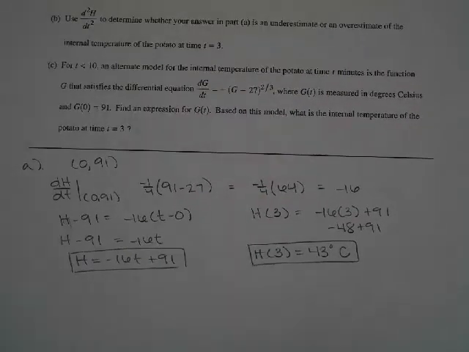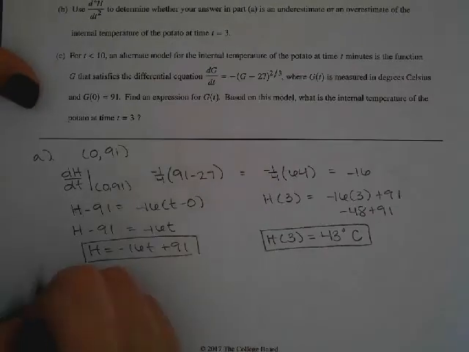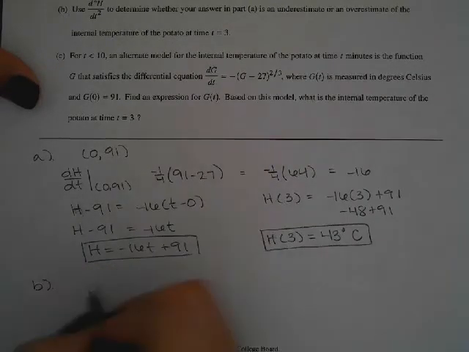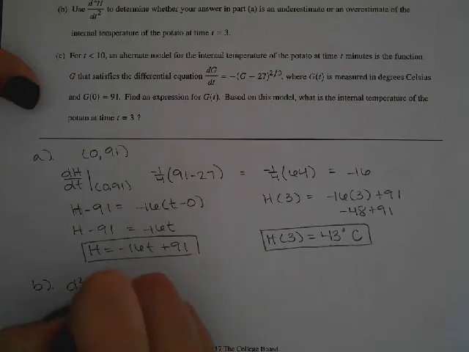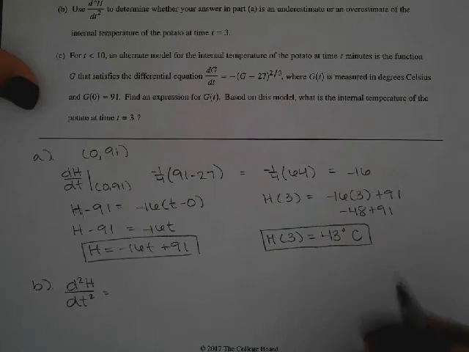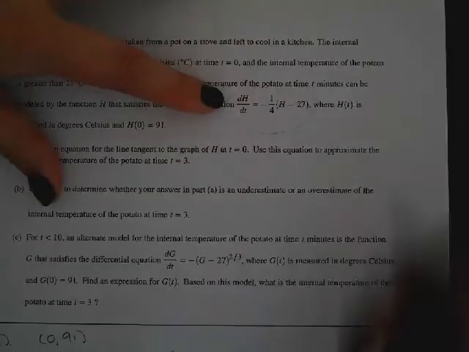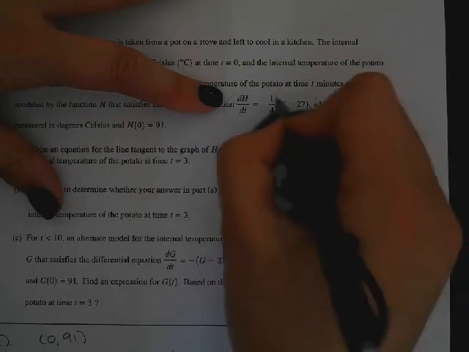Part B asks us to use the second derivative to determine whether the answer is an underestimate or overestimate. So whenever I see a second derivative, I automatically think, oh, that's going to give me the concavity of the original function. So let's go ahead and find that second derivative. We've got negative 1/4 times (h minus 27). I'm going to go ahead and just distribute this.